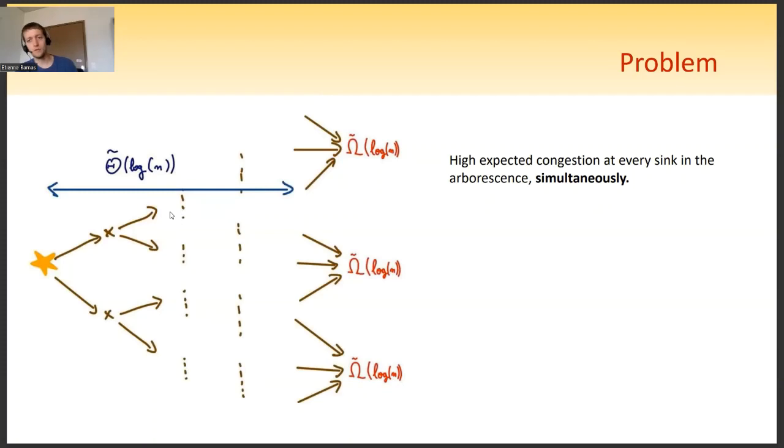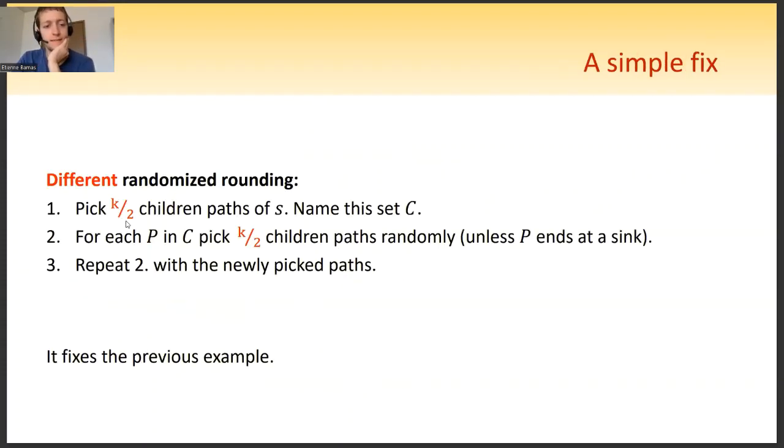So to be a bit more concrete, here's an easy fix to that instance: instead of picking k children of each path, where k is what the LP tells you is feasible, you pick only k/2 children for each path that you selected.